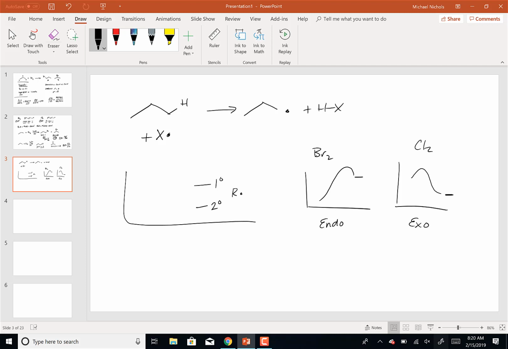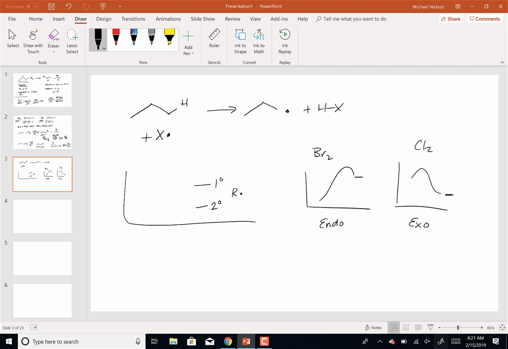So now we have to invoke Hammond's Postulate. Let's see, your direction, endothermic. Right, endothermic. Exothermic.